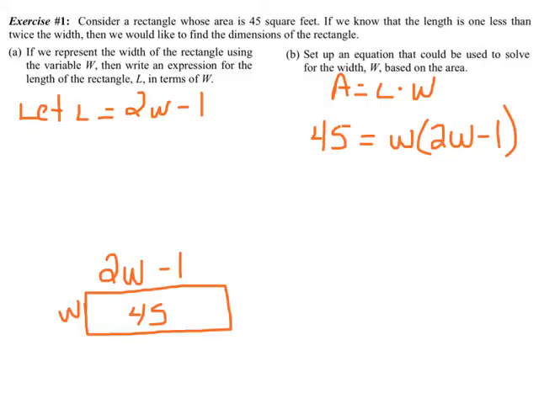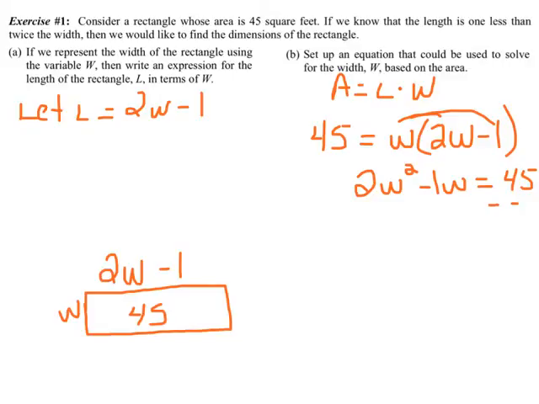Let's do part C. Let's solve that right away. The first thing I'm going to do is distribute. I'm going to get 2W squared minus 1W equals 45. Remember the last couple units for my zero properties, it's got to have 0 at the end. I'm going to be saying equals 0. So how do I move that positive 45 over?